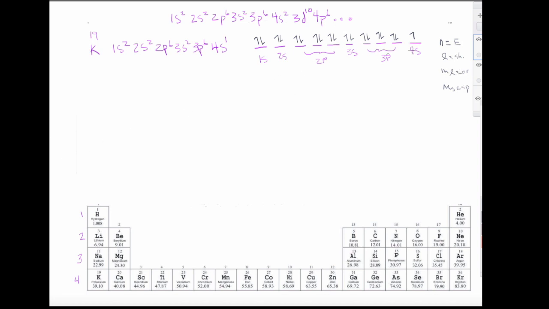Just abbreviate this again. So we have the ML, which is orientation, and we have the MS, which is the spin number. This is the acknowledgement of the magnetic field of the electron.